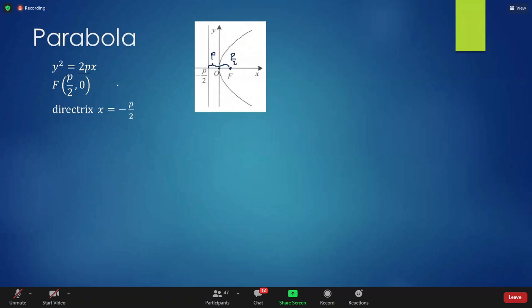So basically the p is the least used of all those, because we mostly use the coordinates of the focus and the equation of the directrix, and we use the equation of the parabola, but we don't use the number p by itself. However, it is a characteristic of the parabola.